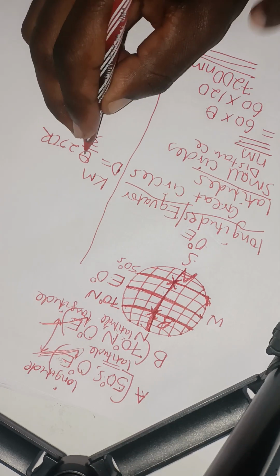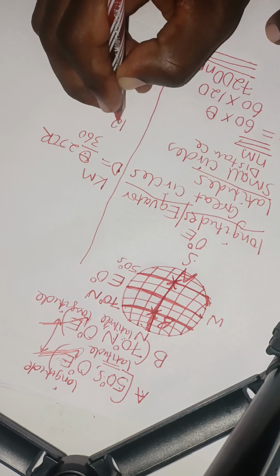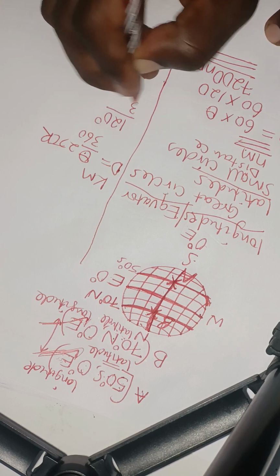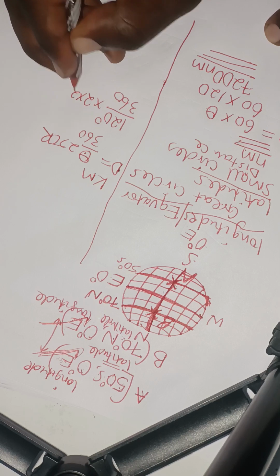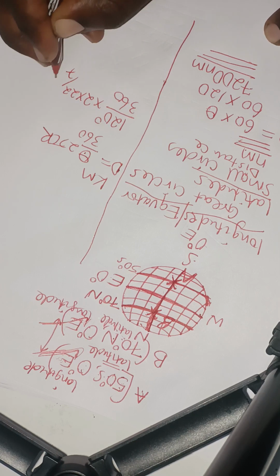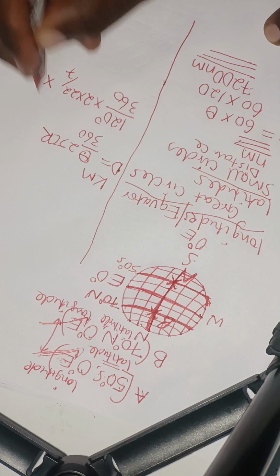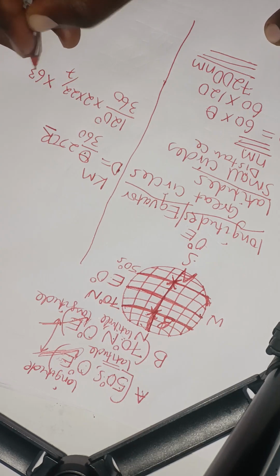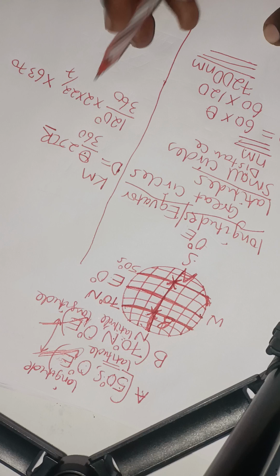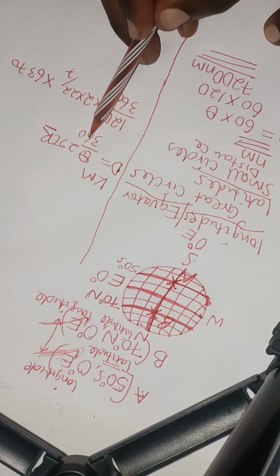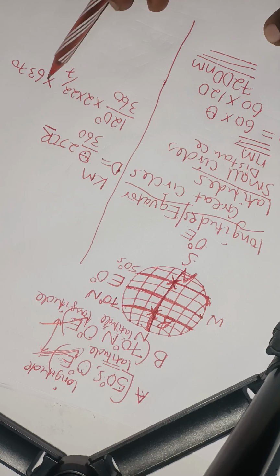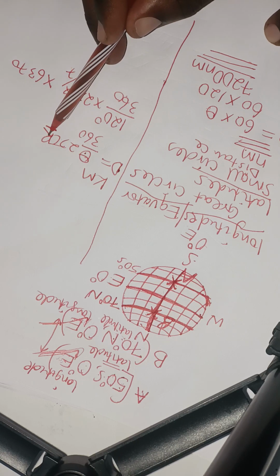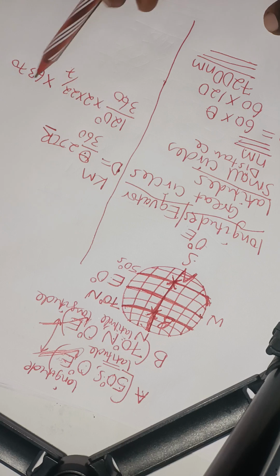So we shall have our theta, which is the same 120 degrees, divided by 360, multiplied by 2, multiplied by 22/7 as the pi given, multiplied by the radius of the earth, capital R, which is given as 6370.